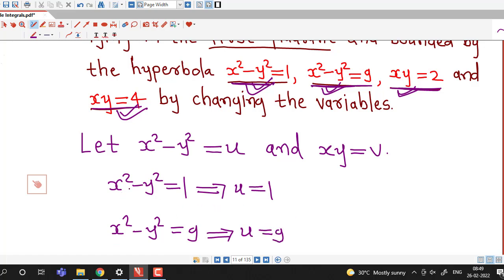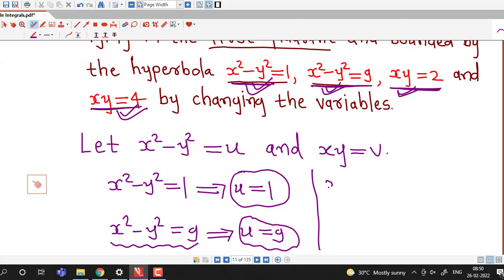So corresponding to these hyperbolas, the curves in UV plane are the lines u equal to 1 and u equal to 9. Similarly, corresponding to x into y equal to 2, we will obtain v equal to 2, which is also a straight line parallel to u axis in UV plane, and corresponding to xy equal to 4, we will obtain the line v equal to 4.